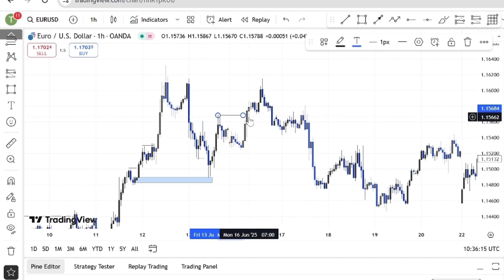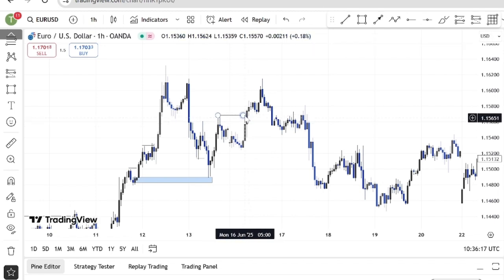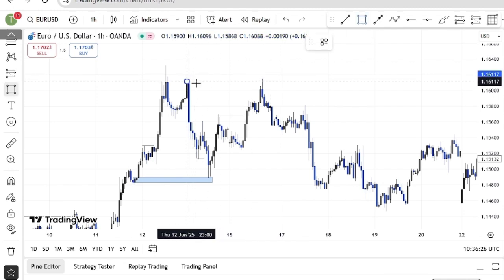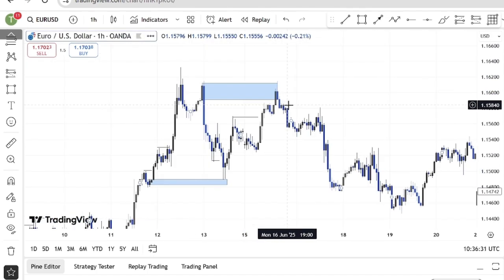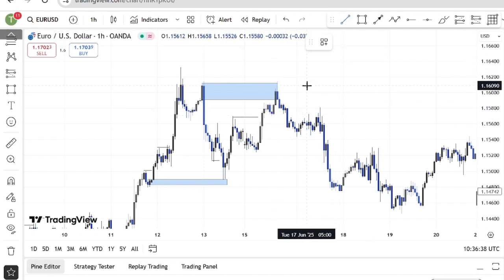And if you see in this second example, what do you see? You see a full body close. There's a full body closure at this point, and the market ran back into this supply at this point before continuing to the downside. So where do you want to identify your change of character? This is the last low at this point, and you have this high at this point.